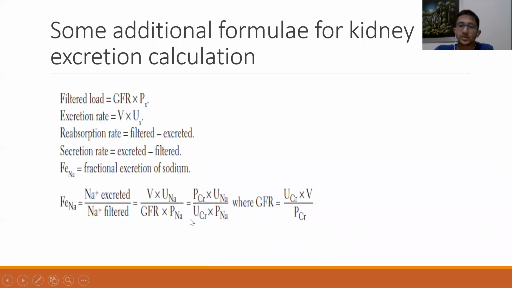Here are some additional formulae that you can take a look at. I'm not going to go into explaining them a lot because they can be sometimes situation specific. Glomerular filtration rate and clearance are the most commonly used formulae. But in some parts of pathology and pathophysiology, you will have these mentioned as well. So I've mentioned them over here.